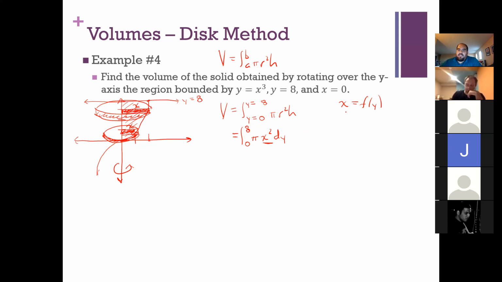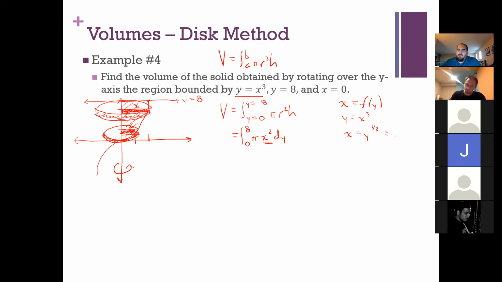How can I express x in terms of y? Take the inverse of the function. Yep. So really, this curve is defined by y equals x cubed. So if y equals x cubed, that means that x equals y to the 1/3.